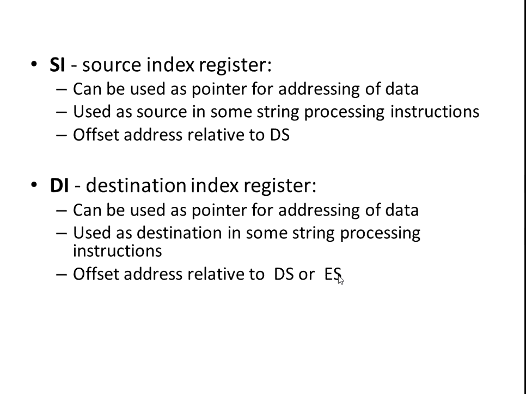It is used for indexed, based indexed and register indirect addressing modes, as well as for storing the source data address in string manipulation instructions. So we can say that it can be used as a pointer for addressing data.